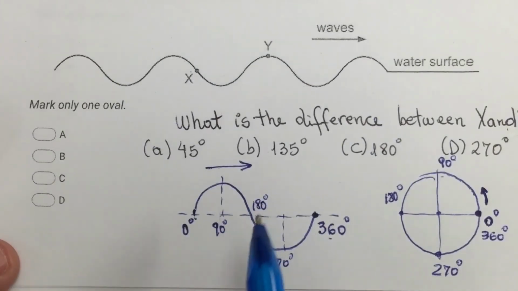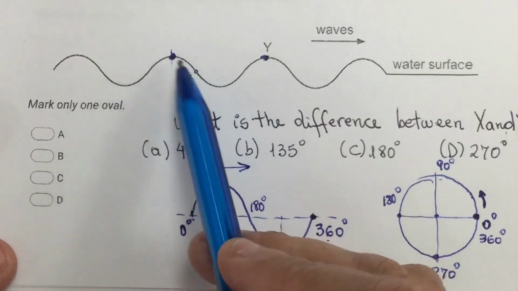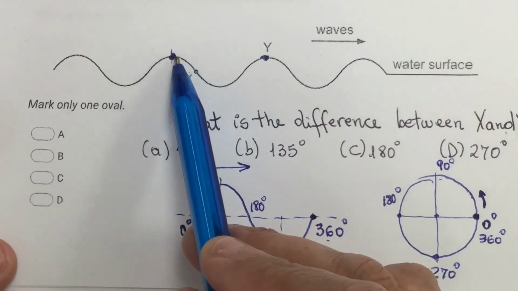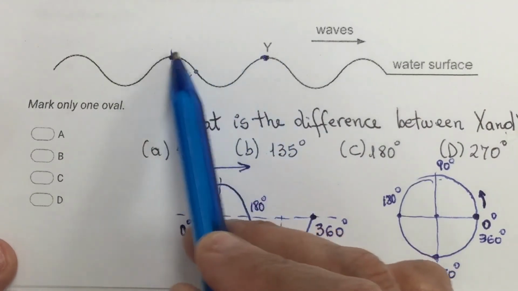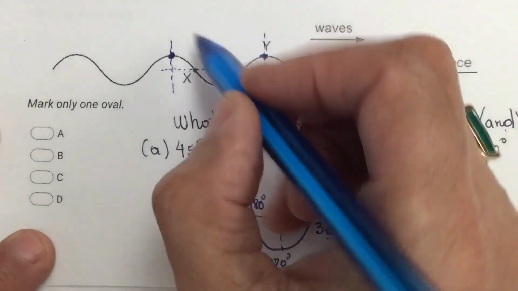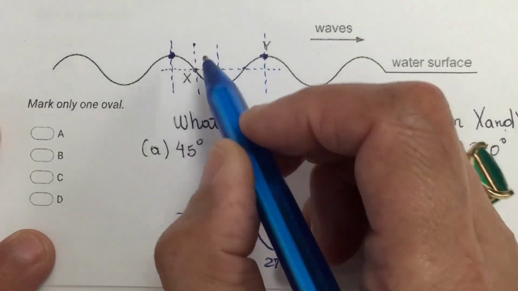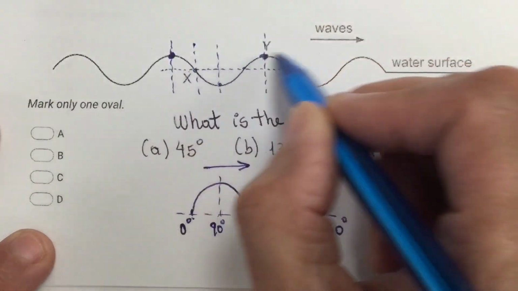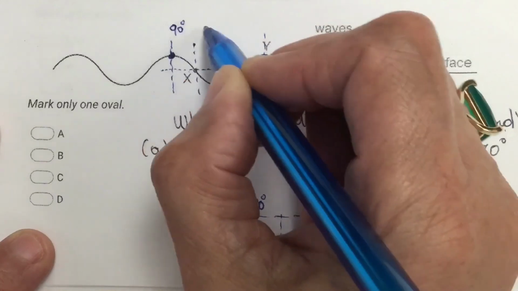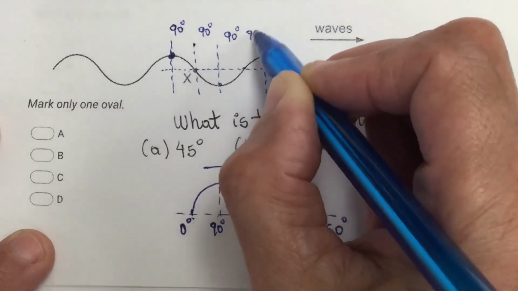Now let's relate this to our problem. This distance between both crests is one complete wavelength. So each quarter of this wavelength represents 90 degrees: 90, 90, 90, and 90 here.